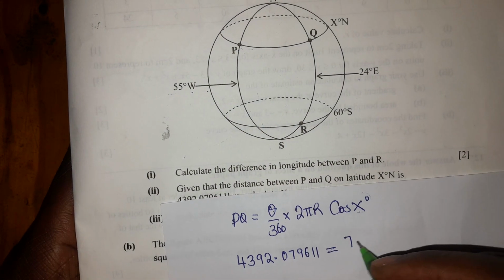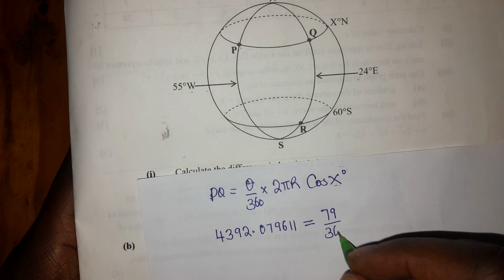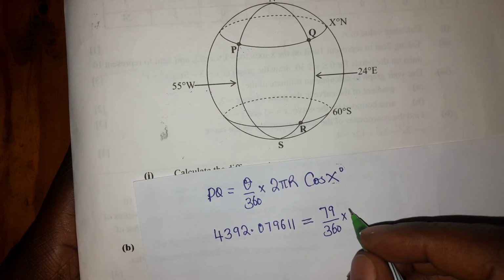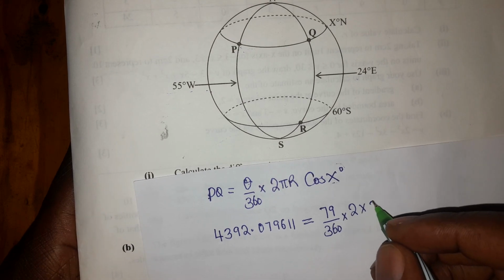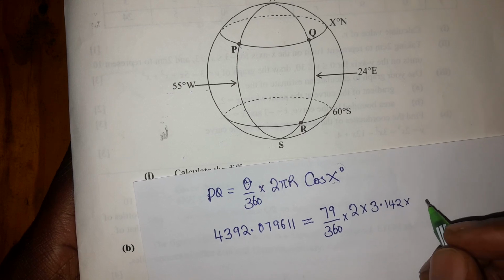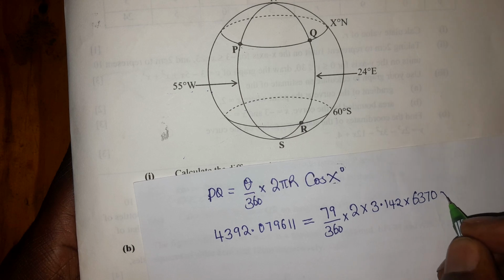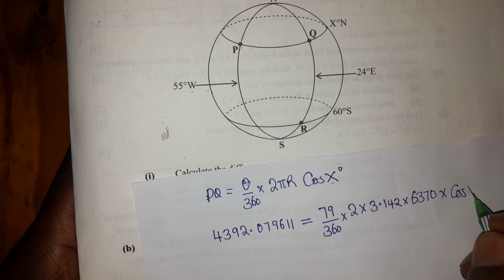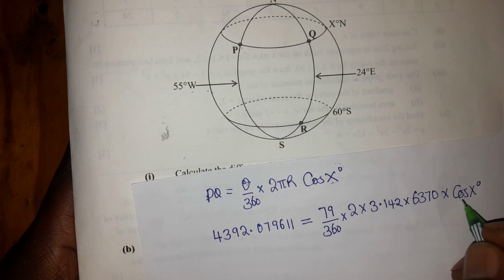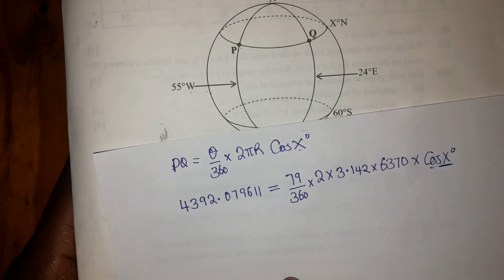So that is going to be 79 over 360 multiplied by 2 multiplied by 3.142 multiplied by 6370 multiplied by cos x degrees. Take note that this x is not given. That's what we are looking for.